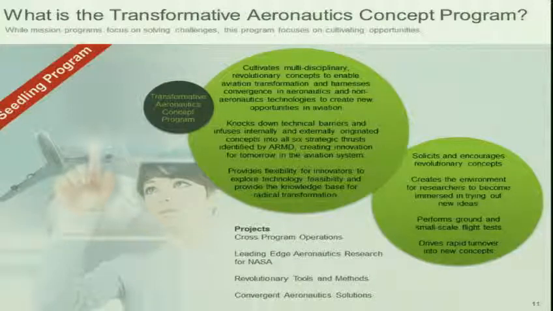First, I want to talk about the last one, Convergent Aeronautics Solutions, or CAS for short. Here the overall objective is indeed to provide the incentive and the environment for convergent, multidisciplinary work, bringing things in. It's a new project, a new idea.